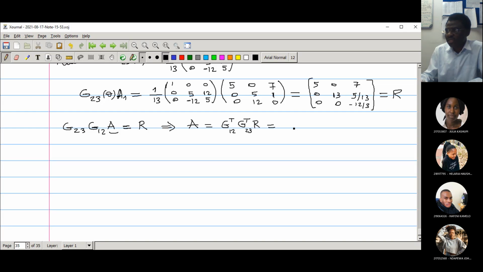And which is what? This is G23 into G12 all transposed. So we compute this and then we transpose. You get exactly the result as on the slide.